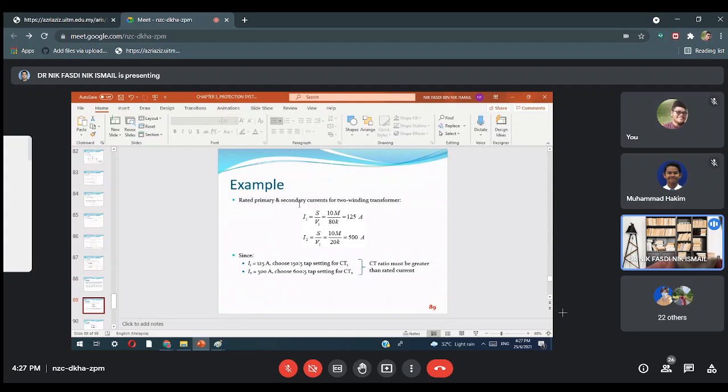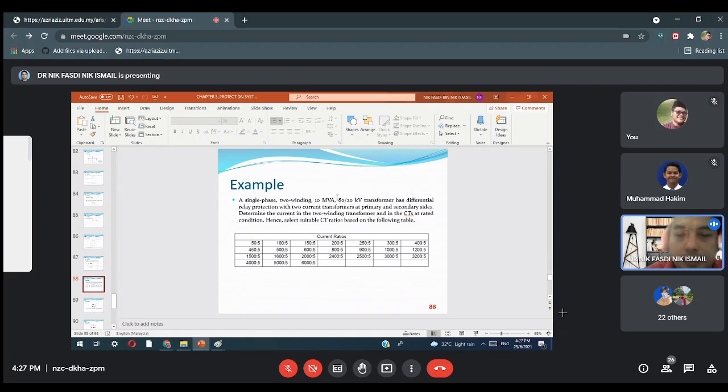Rated primary and secondary current for the two winding transformer. So cerita sekarang, the first step you need to determine the rated current for the primary and secondary. Kalau you balik pada soalan ni, this is the primary and this is the secondary voltage. Tapi you kena cari current because CT ratio is current bukan voltage.